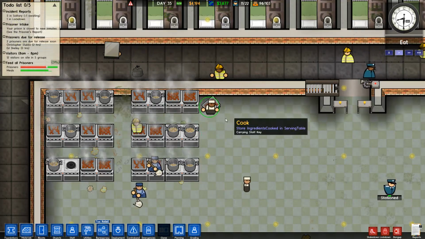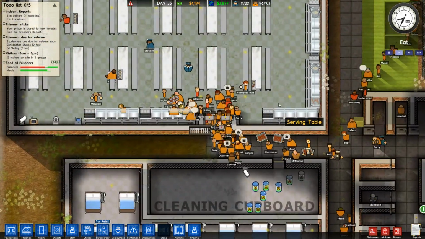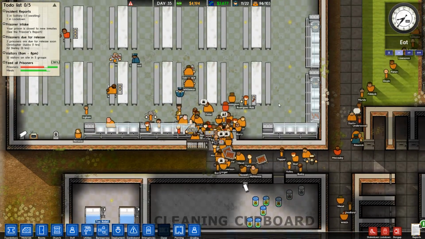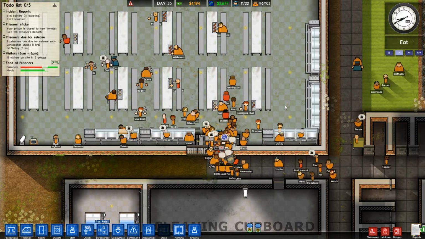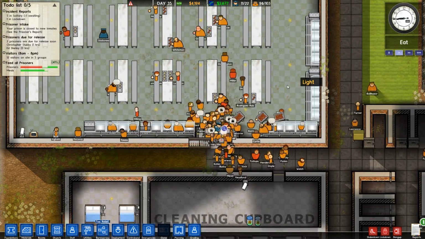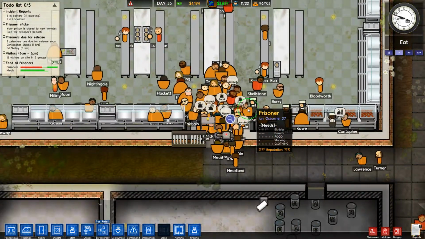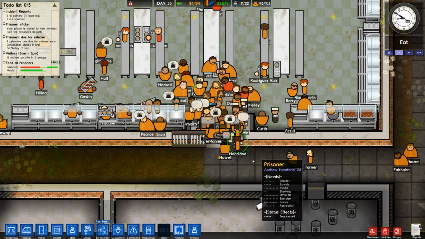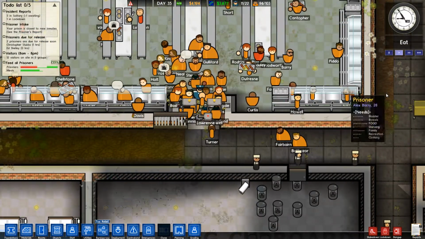And they are now starting to bring it towards the serving tables, which is a bit late if you ask me. Ideal situation would be to have those cooks deliver the meals directly to the canteen before the prisoners arrive. Because now it's creating a major bottleneck, everybody wants food. And this generally does not help with the atmosphere in the prison. Those prisoners will get very, very angry.